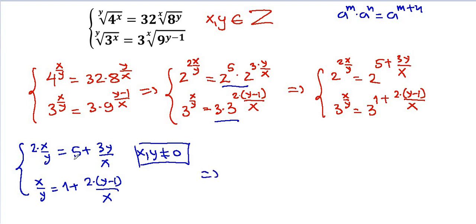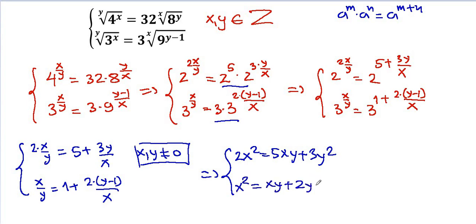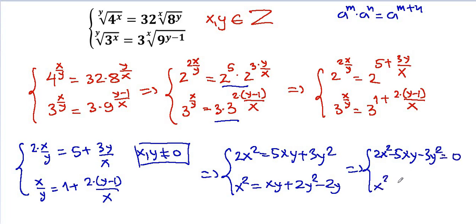Now, finding common denominators, after some algebra we will get 2x squared is equal to 5xy plus 3y squared, and from the second equation x squared is equal to xy plus 2y squared minus 2y. Moving all terms to the left hand side we'll get 2x squared minus 5xy minus 3y squared is equal to 0, and x squared minus xy minus 2y squared plus 2y is equal to 0.